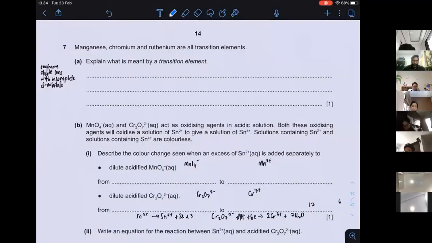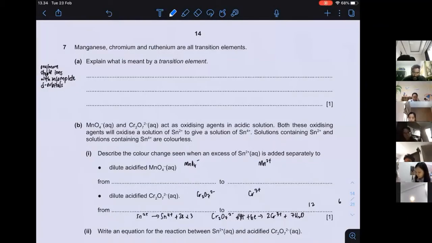Let's continue. Now, manganese, chromium, ruthenium are all transition elements. Explain what is meant by transition element. A transition element is any element that can form one or more stable ions, that is the term we need to use, stable ions, with incomplete d orbitals.